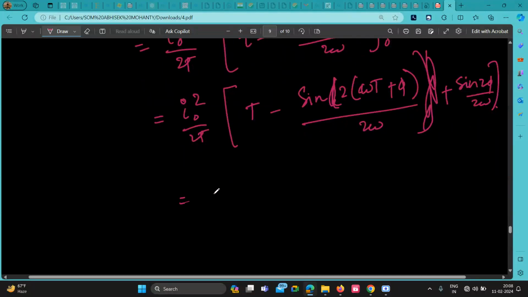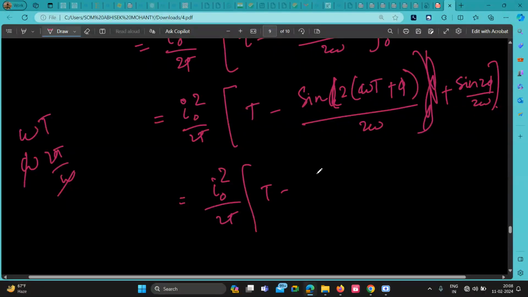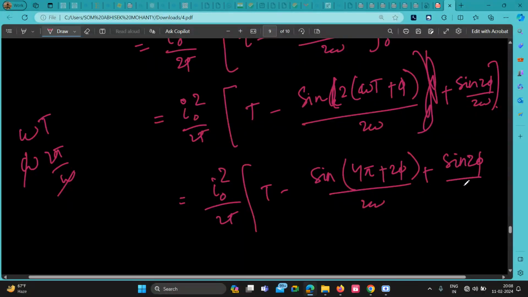So if I do this, t minus sine 2 omega t by 2 omega: omega into pi by omega, that means 2 pi, sine of 2 into 2 pi, 4 pi plus 2 pi, by 2 omega, plus sine 2 pi by omega.